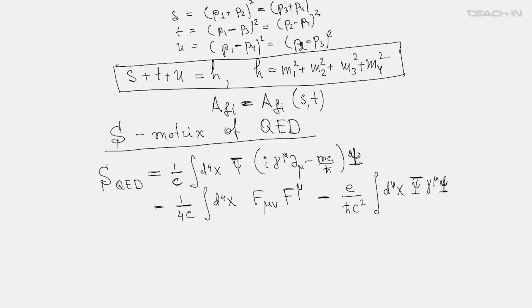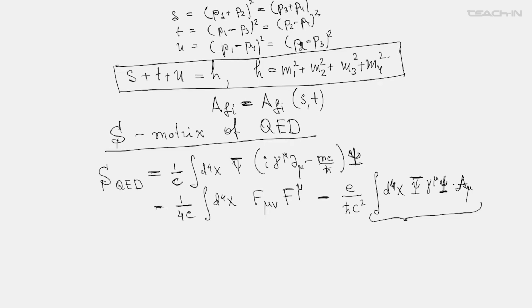So this is a term which describes the interaction of photons with electrons and positrons. E is the electric charge here.